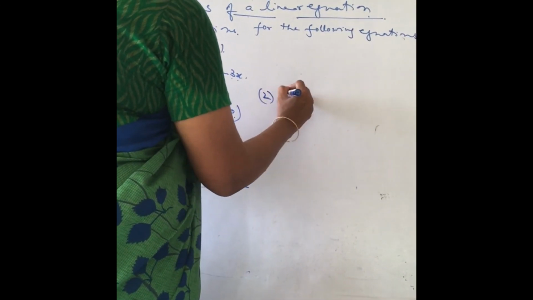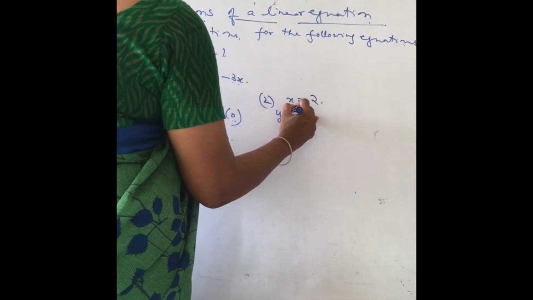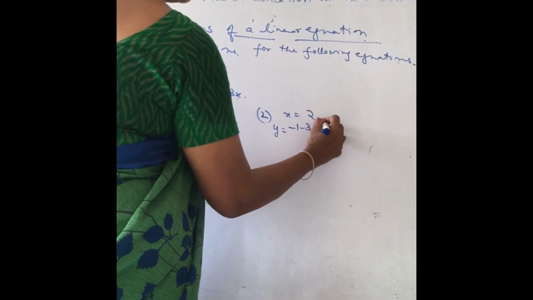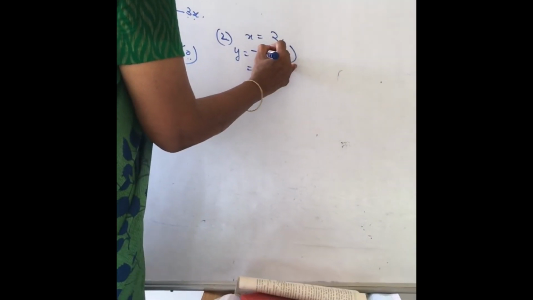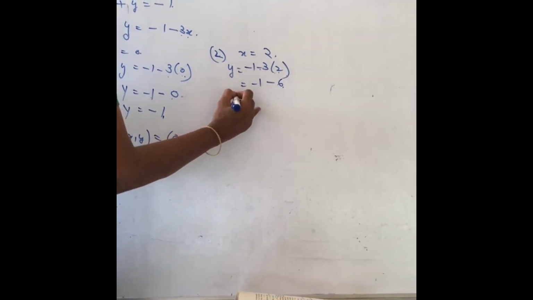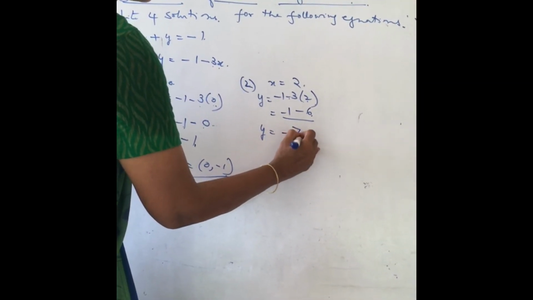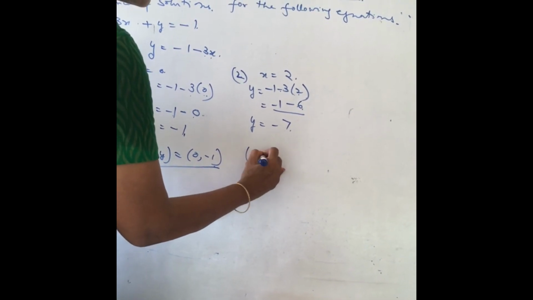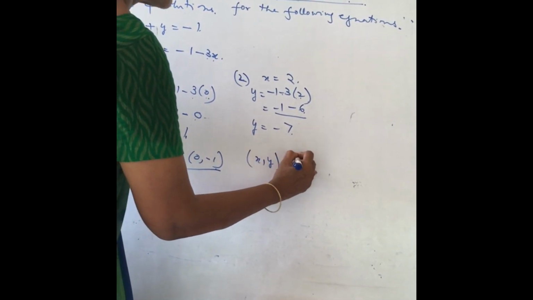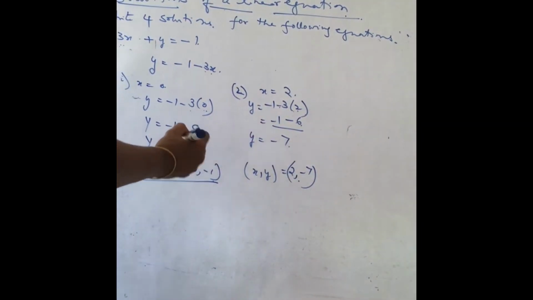Second one, x is equal to 2. y is equal to minus 3 into 2, minus 6, minus 1, children. You know how to add negative numbers. Add and put the negative sign. Therefore, the solution for x comma y is equal to 2 comma minus 7.